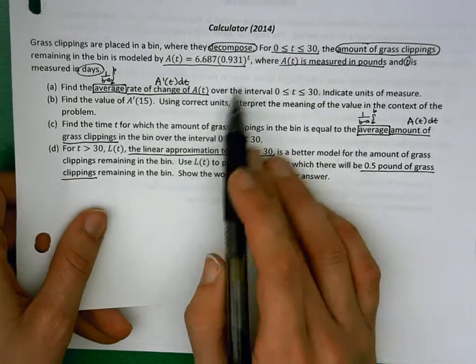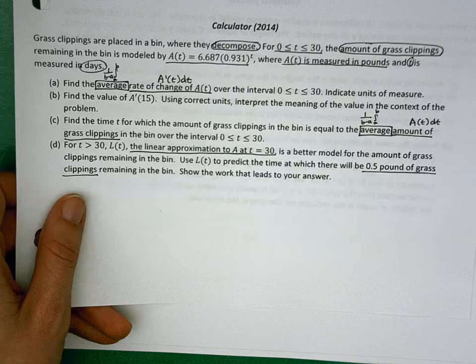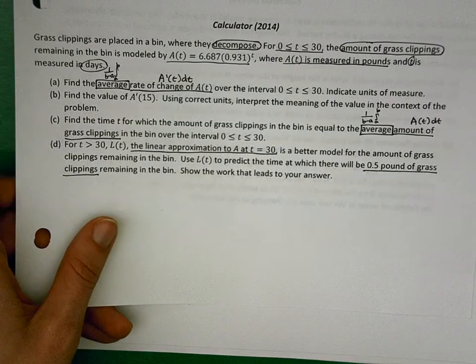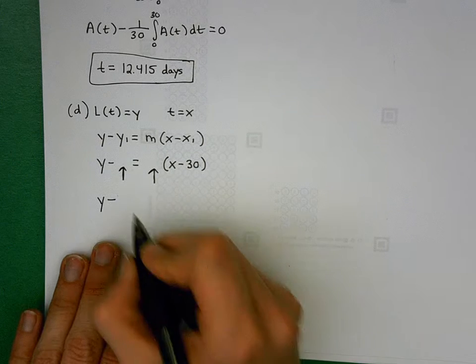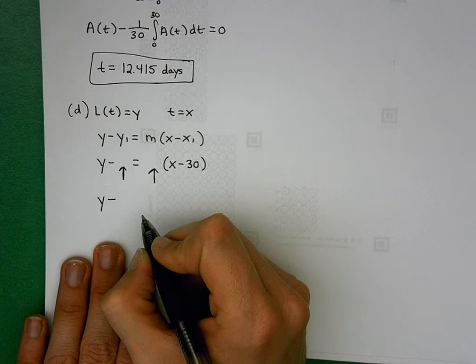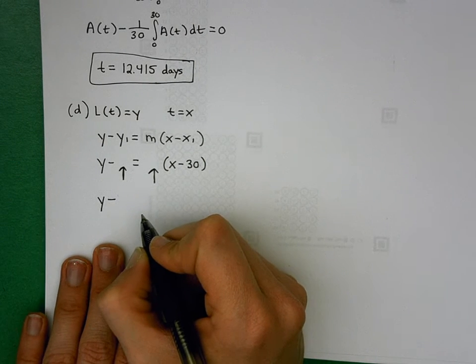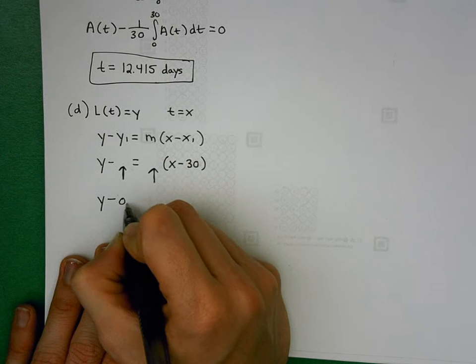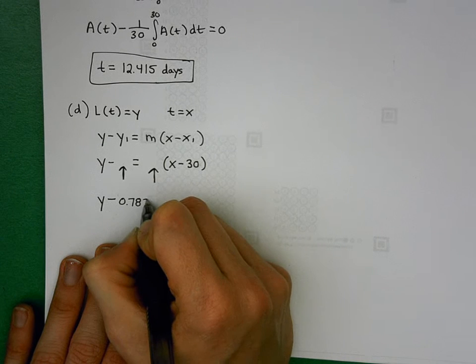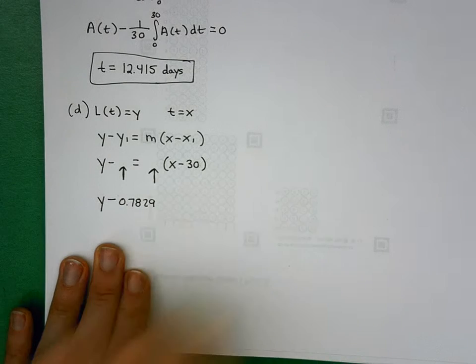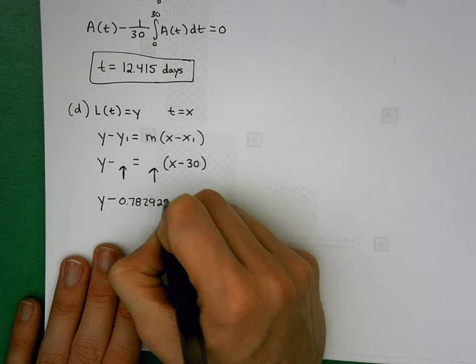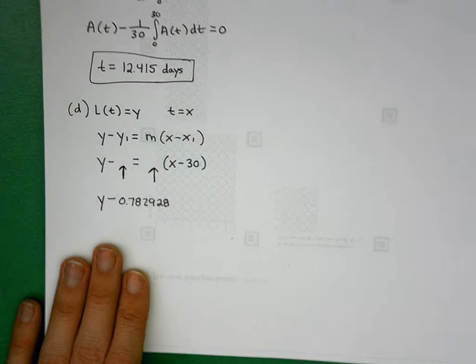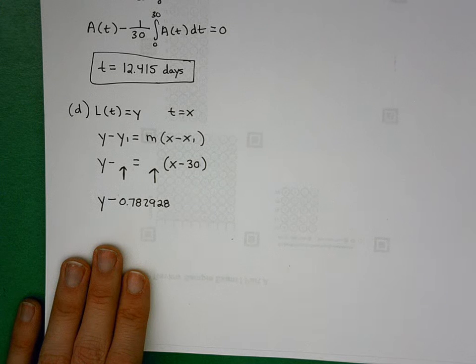It's not like that would take that long. If you wanted my personal opinion, I'd probably use the graph myself, but you can plug in. And you're going to get that your y1 here is 0.7829, and there was a little bit more than that too. I believe it was 2.8 or 2.7, something like that. I think it was 2.8.